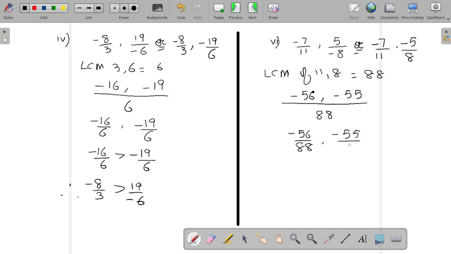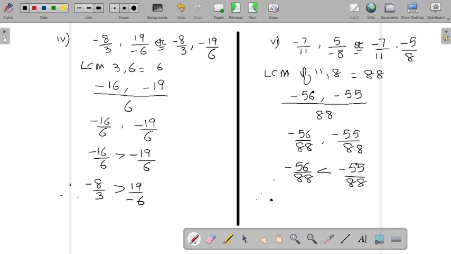Now you have to see which one is greater. As the denominators are the same, you have to see the numerator. Which one is greater, minus 56 or minus 55? Minus 55 is greater. So minus 56 upon 88 is less than minus 55 upon 88.